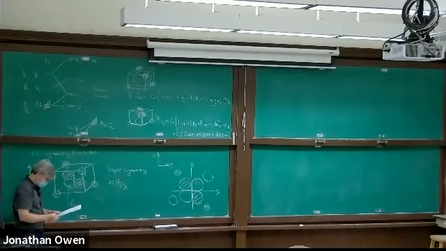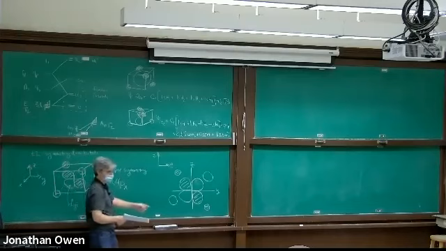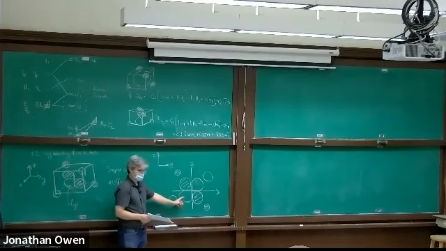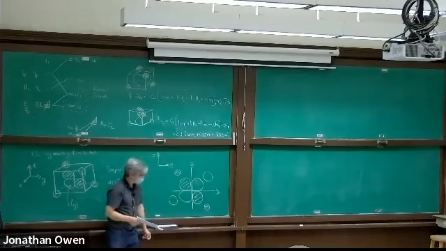So if the d orbital does bond with this unit of the same symmetry, is it a pi bond or a sigma bond is the question, right? How do we define pi and sigma?